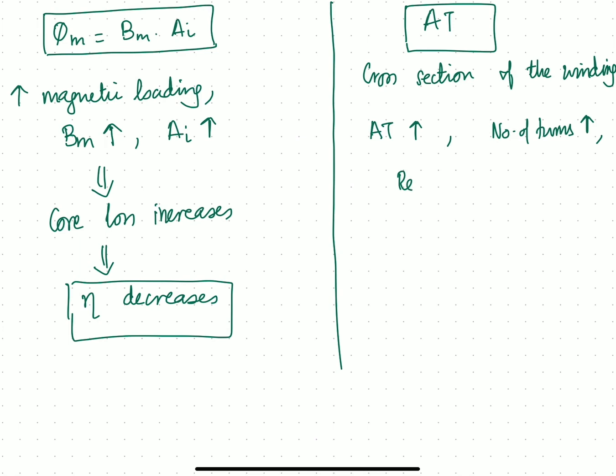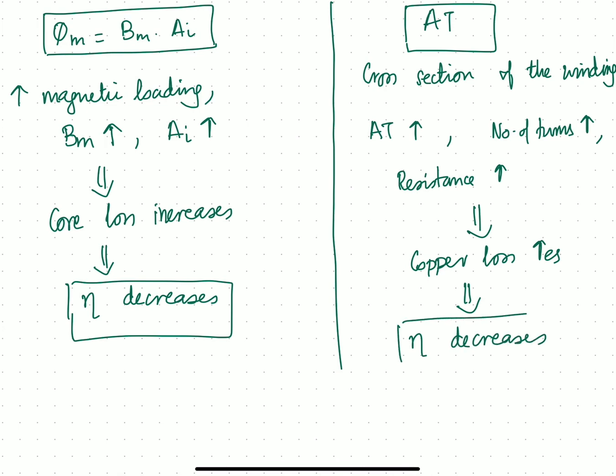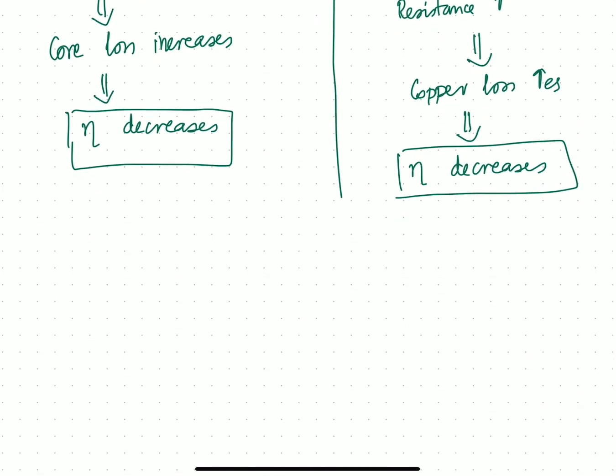The resistance increases, and as a result, copper loss increases, which results in efficiency decrease. So if you have higher values of phi m and AT, these are responsible for decrease in efficiency.